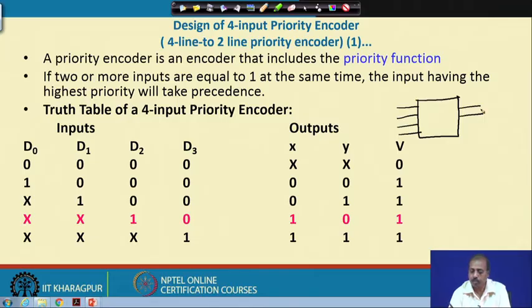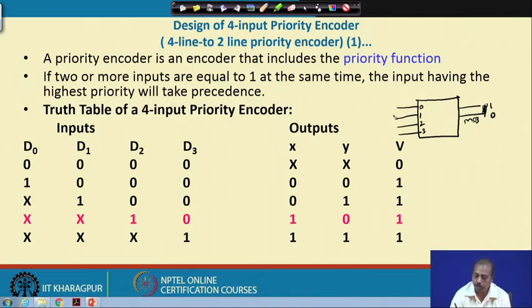This is an encoder, and these are the lines 0, 1, 2, 3. If line 1 is active and 0, 2, 3 are inactive, then the output should be 0, 1, taking the lower one as the MSB. That will identify the input which is equal to 1.